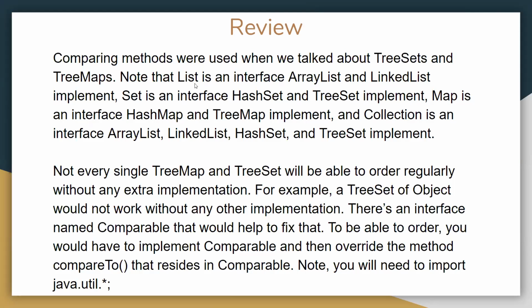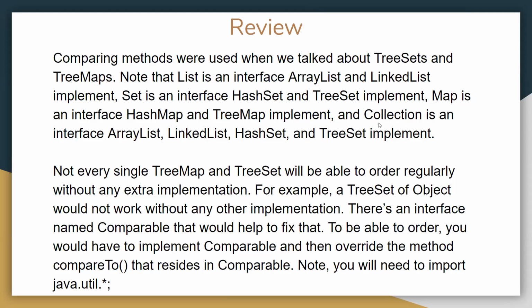List is the general component for array list and linked list, so they implement that list. Set is an interface that hash set and tree set implement. Set contains some vague component. Map is an interface that hash map and tree map implement. And collection is an interface that array list, linked list, hash set, and tree set implement.